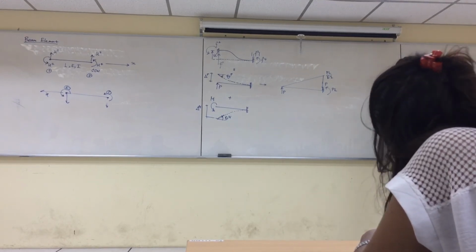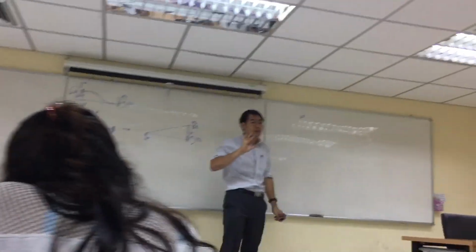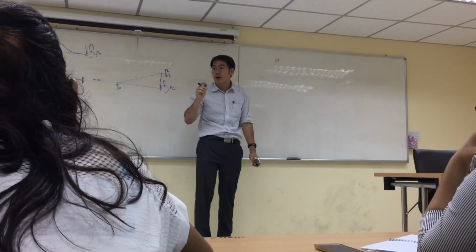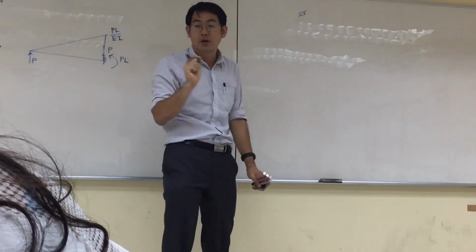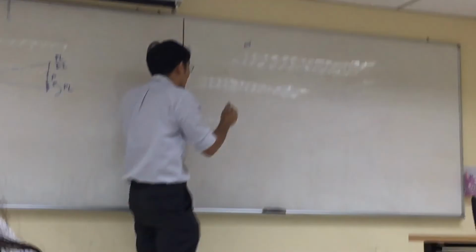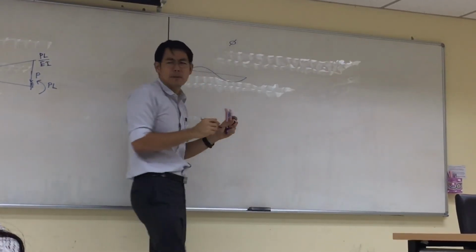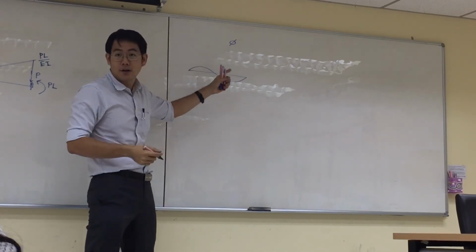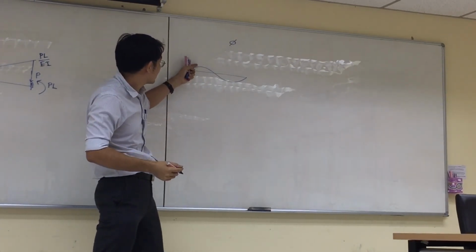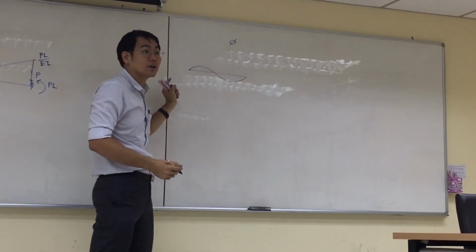Curvature is represented by phi. Curvature is the change of the angle over x. So you have a beam that has maybe a deformed shape just like this, and you have theta that is changing along the way.